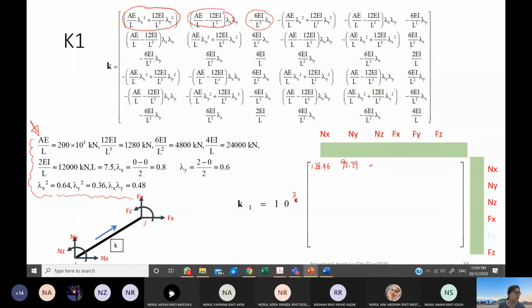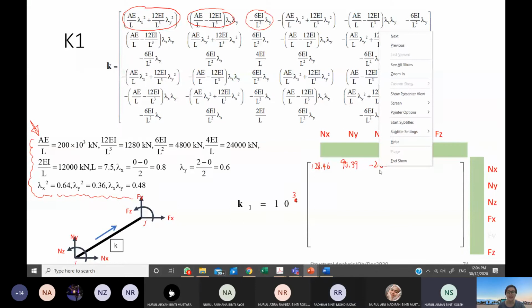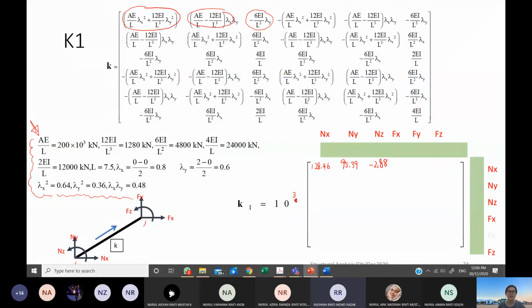Or I have taken out wrongly. 4,824. 2880. So in power 3, it will be 2.88. Yes. Okay, so be careful. This is lambda y.